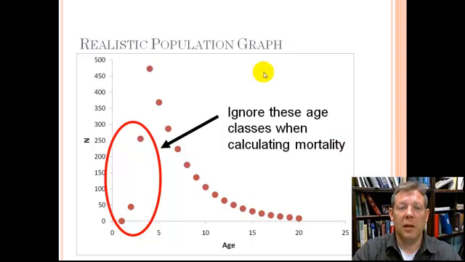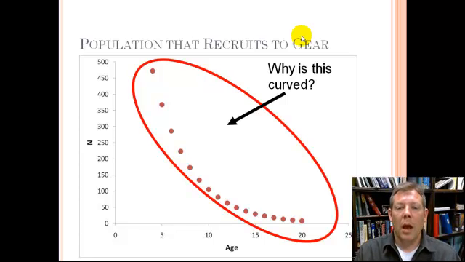And that's going to be where you see the highest number of fish, right? You can see here the age 2 fish are starting to recruit to the gear, but they're not fully recruiting to the gear, so we don't want to use them because they'll screw up our numbers. So we would just use the age classes that fully recruit to the gear.